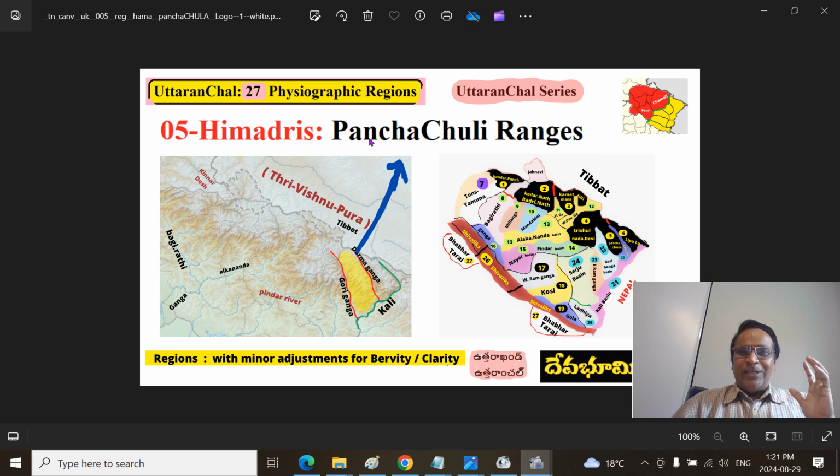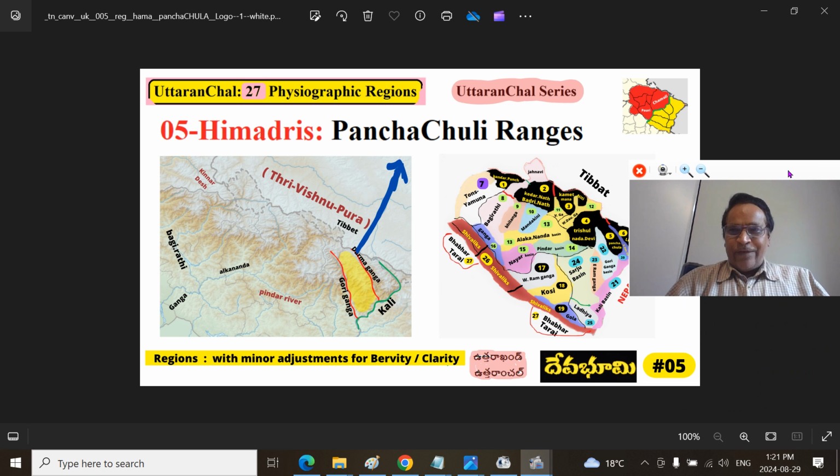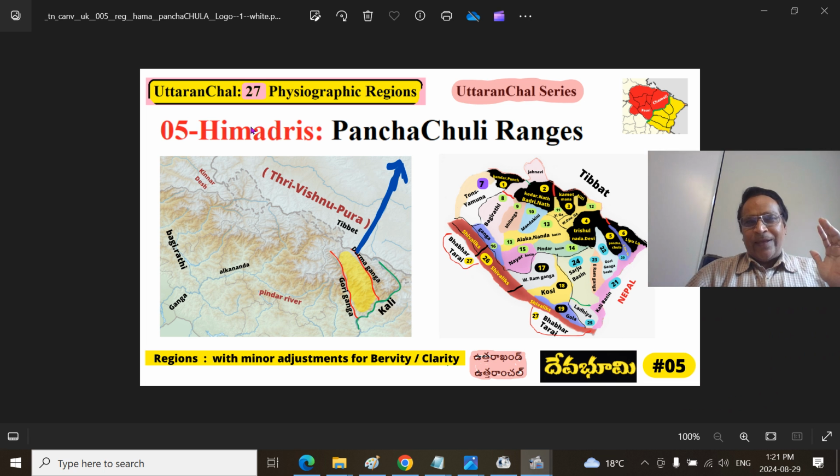This particular mountainous range is called the Pancha Chuli mountain ranges. We have previously identified 6 major Himadri regions in Uttaranchal province. We are exploring the 5th one. Interestingly, Panch means 5, Pancha Chuli mountain ranges.